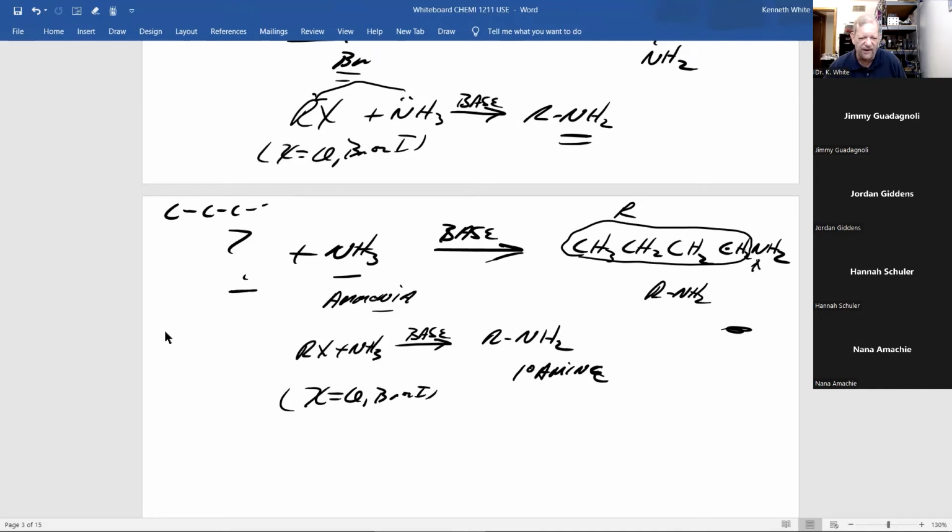So I have 4 carbons, that's my R group. The N carbon has my NH2 group, and therefore that's the one that will have the halogen. You could put iodine or chlorine there too for this problem, and there are 4 bonds to carbon, so I'll put in my hydrogens. And that's how you do it. Now that's how you make a primary amine.